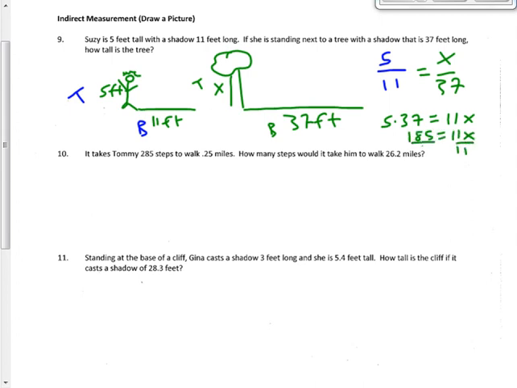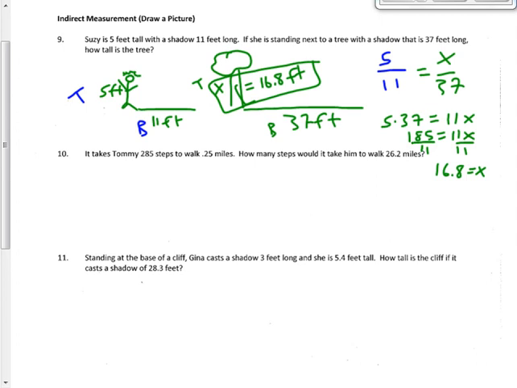And then divide by 11. That gives me that x is equal to 16.8, which means that the tree was 16.8 feet tall. So the tree is 16.8 feet tall.